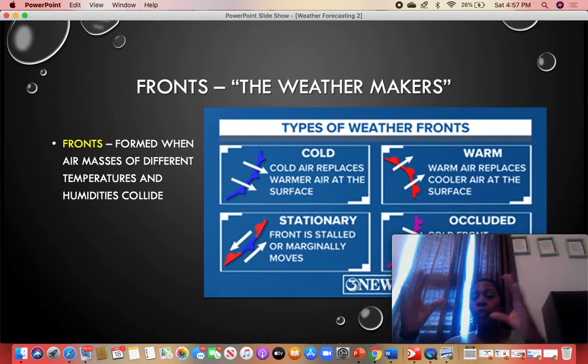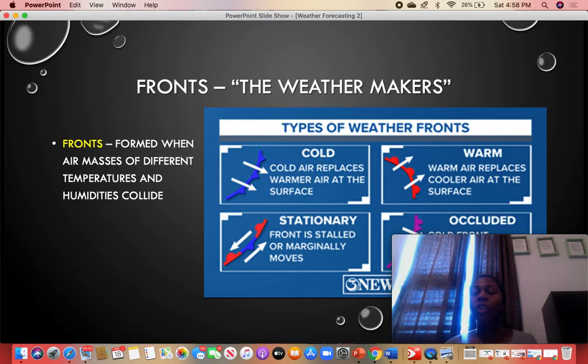All of them are moving, but the cold air is able to quickly catch up with the warm air mass. And what happens is because cold air is denser and it sinks, it goes under the warm air mass and pushes it up. That interaction creates a cold front. And with cold fronts, we tend to have our more intense weather, whether it's thunderstorms or snowstorms.